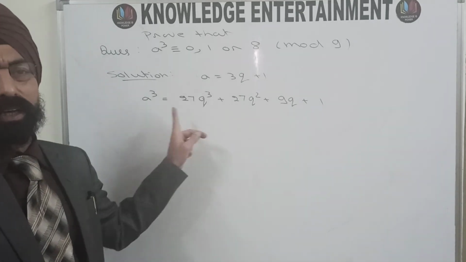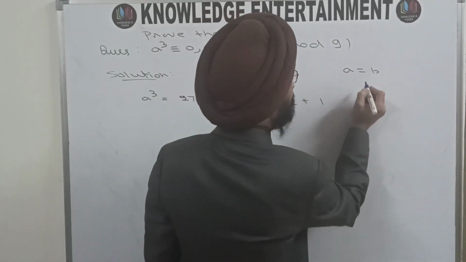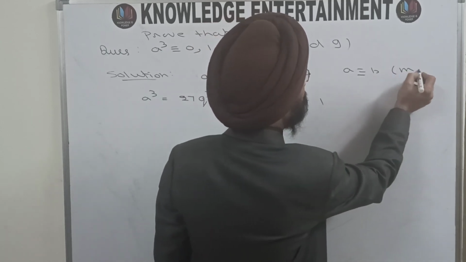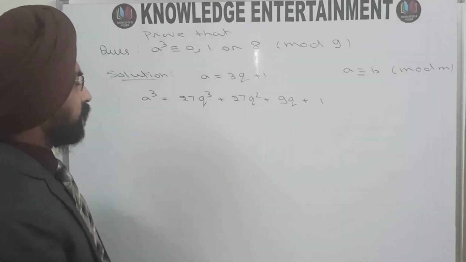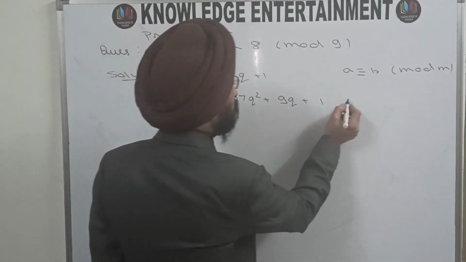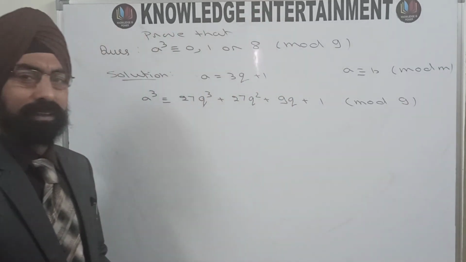Now these two numbers are equal, and I have told you that if a is equal to b, then you can write a is congruent to b modulo m for any m. And now these two numbers are the same, so I can write they are congruent to each other modulo any number, and any number I am taking here as 9.